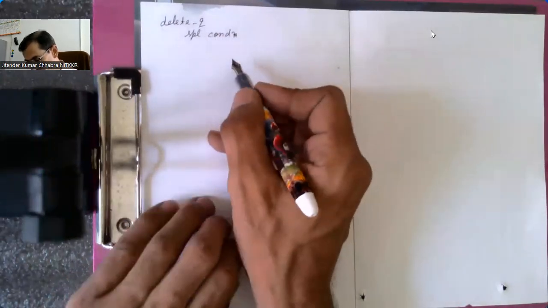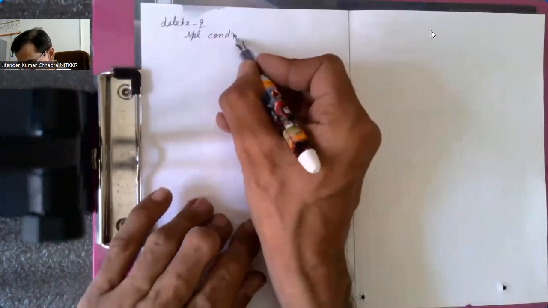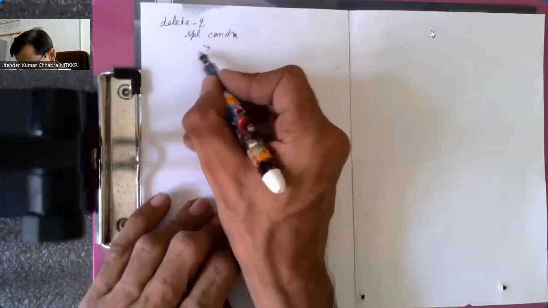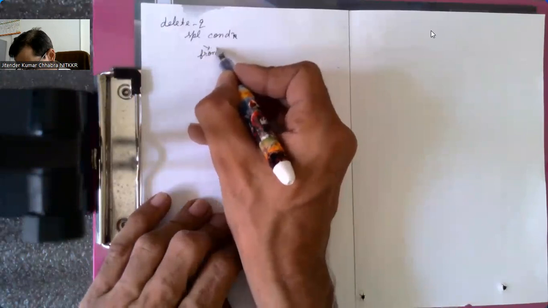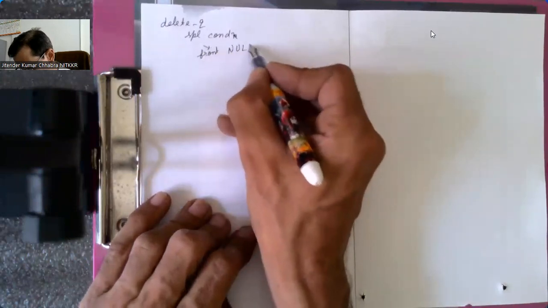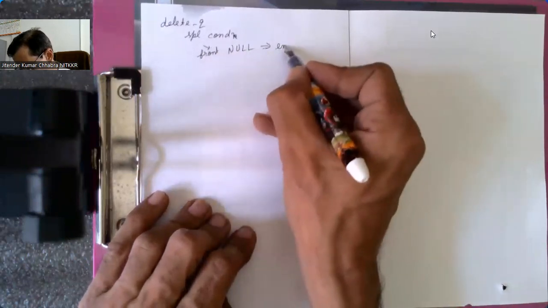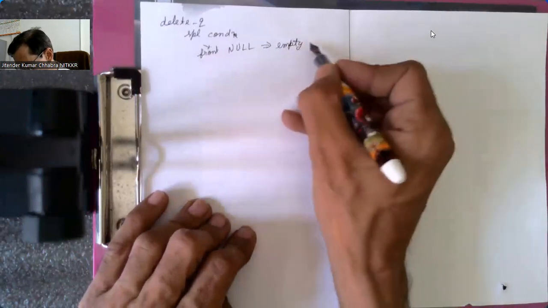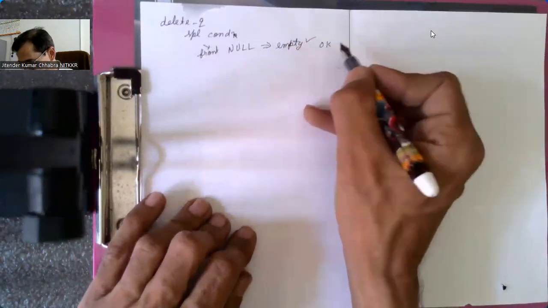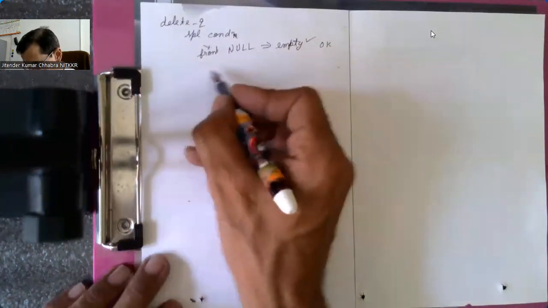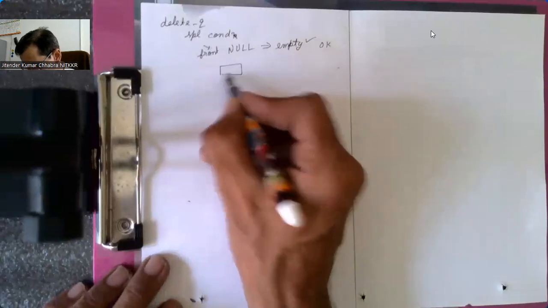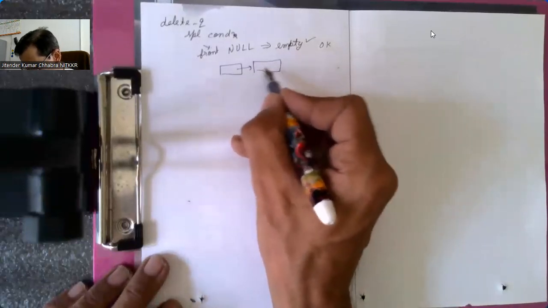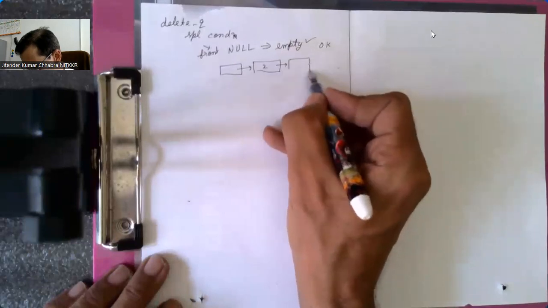Say if the queue is empty, obviously front is null. You will say, yes, front is null. So delete queue, not a problem. It's empty. You can easily handle that. No special condition, but you have to just write the code properly. But imagine you are having, let's say, 3 nodes, say 1, 2, 3.